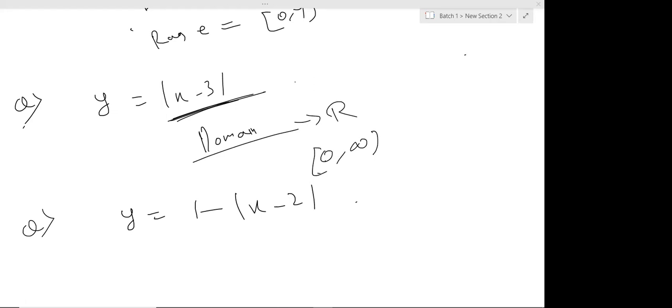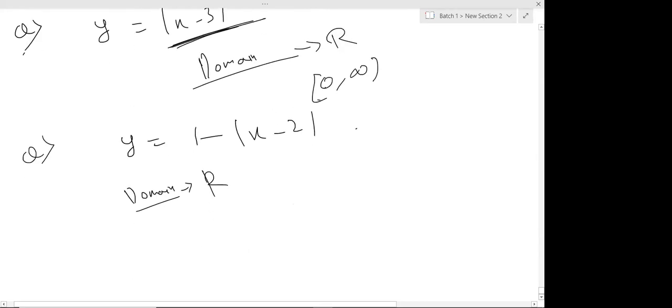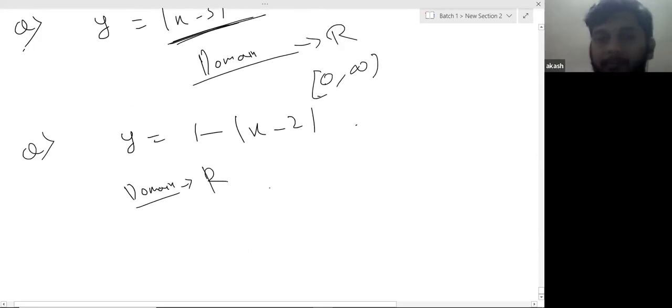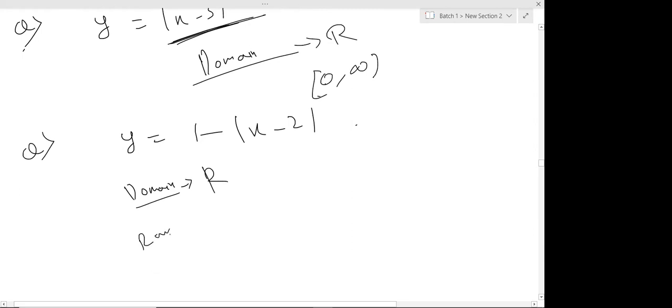Domain is R. Range is 0 to negative infinity, closed. Is this right, Shravya? Sir, I got closed interval 0, 1 open.